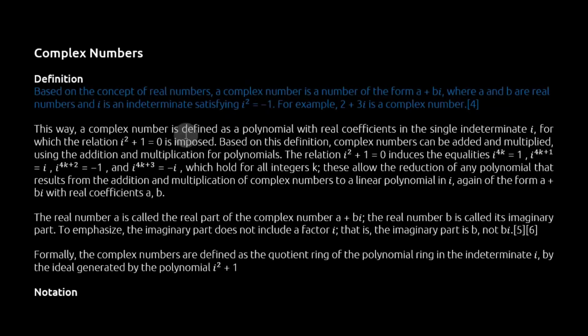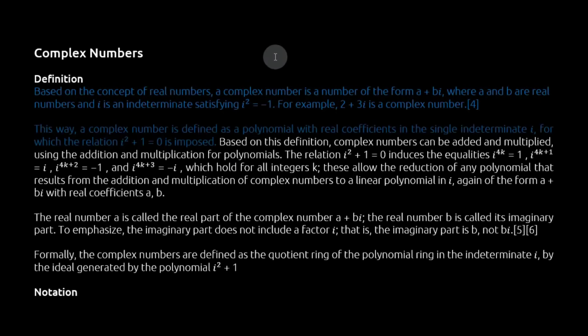This way, a complex number is defined as a polynomial with real coefficients in a single indeterminate i for which the relation i squared plus 1 equals 0 is imposed. It's also a description of the entity, but they're introducing it as a polynomial now.